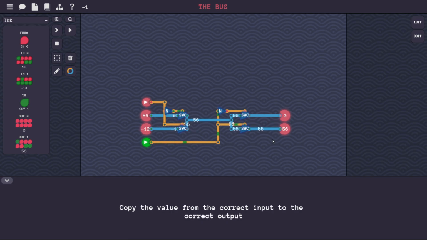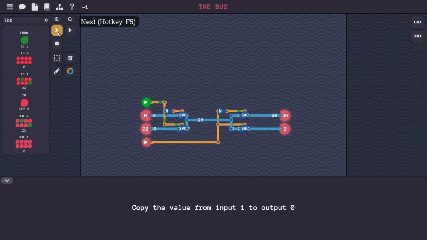And now we have 56 going to the top one. And if I want 12 to go to the bottom one, I just select the bottom one and select 12. And that's it. We're able to move data from wherever we want.